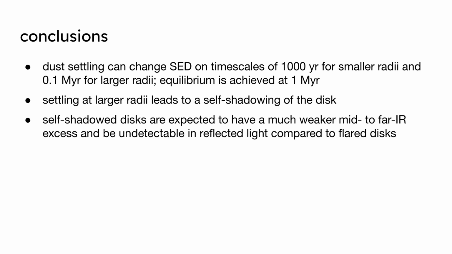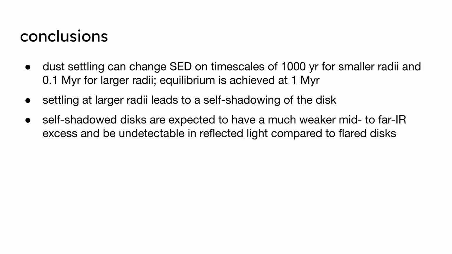So the conclusions. Dust settling can change SEDs on timescales of 1000 years for smaller radii and 0.1 megayears for larger radii, whilst equilibrium is achieved at 1 megayear. And this is obviously an alpha dependent statement. I think this is based on 10 to the minus 4 alpha.